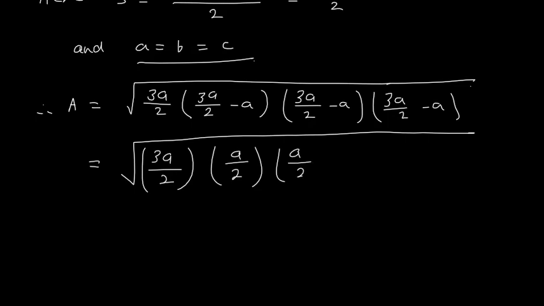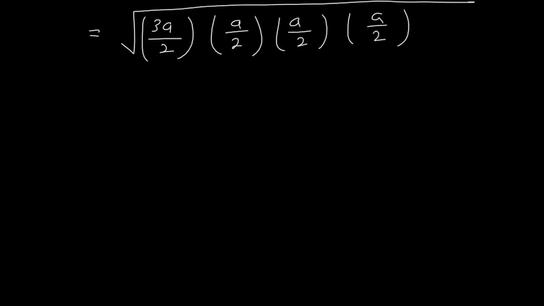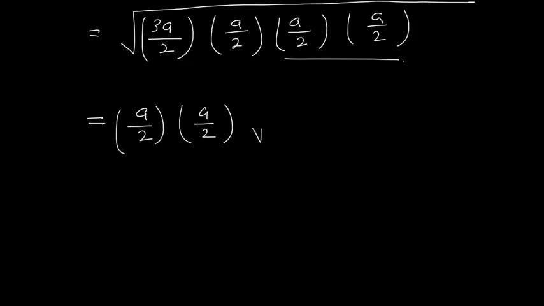Here also it is A by 2 and A by 2. Now the pairs which are present inside the square root can be taken out. So this A by 2 and A by 2 I can take out as A by 2. Then here also, 3 into A by 2 and A by 2, so here also I can take A by 2. So inside the bracket we have only 3. So this will become, number I will write first, root 3 divided by 2 to the 4, into A square. This is the area of an equilateral triangle.